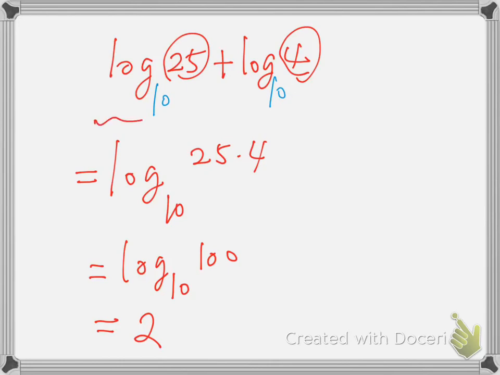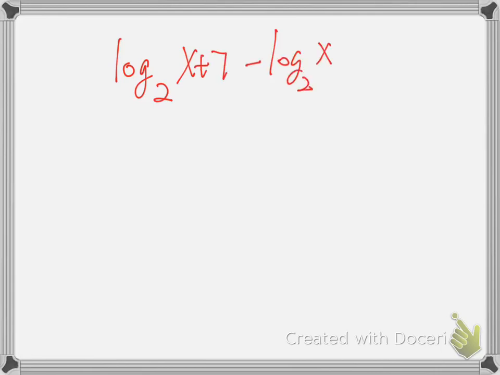So we have two bad numbers. Log 10 of 25 is a bad number. Log 10 of 4 is a bad number. But when you add them, you get log 10 of 100, and you get the integer answer, number 2. More examples. Let's say log 2 of x plus 7 minus log 2 of x.